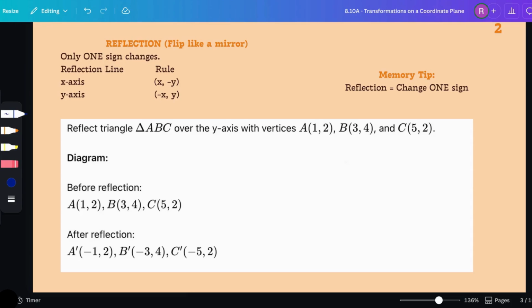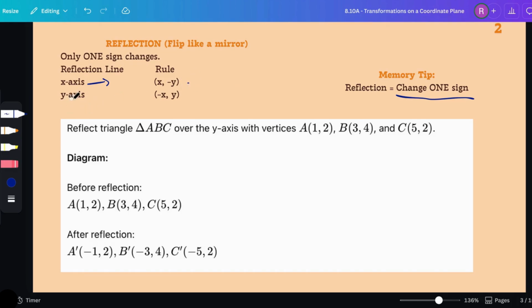When you're reflecting, one sign will change. So if you are reflecting along the x-axis, the y sign will become negative.